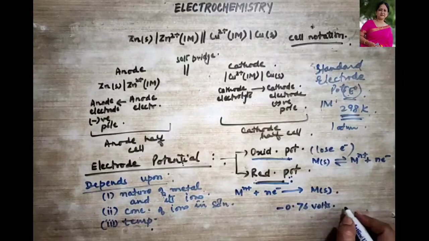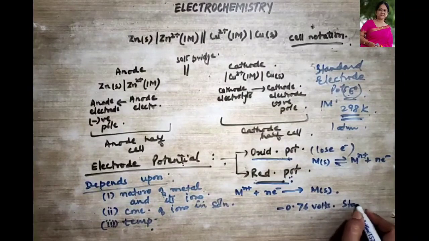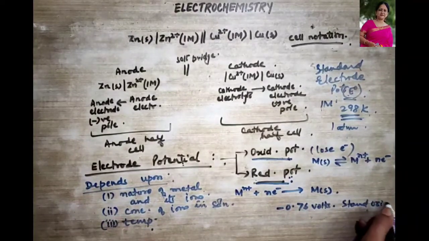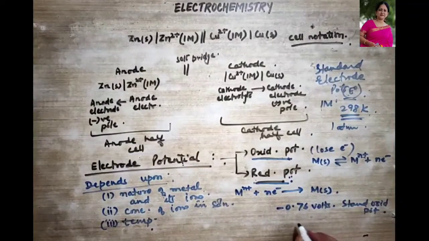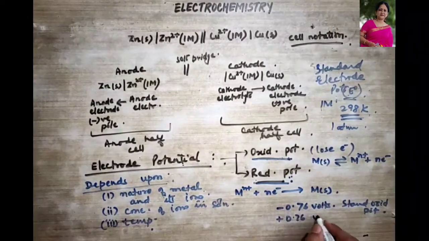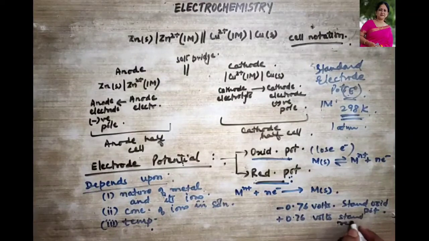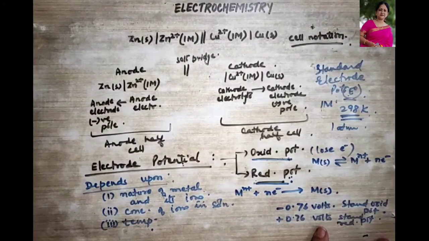Then if this is your standard oxidation potential, the standard reduction potential will be what? It will be just the opposite. It will be 0.76 volts as your standard reduction potential. I hope till here everything is very clear to you.